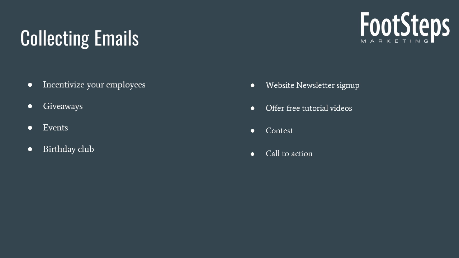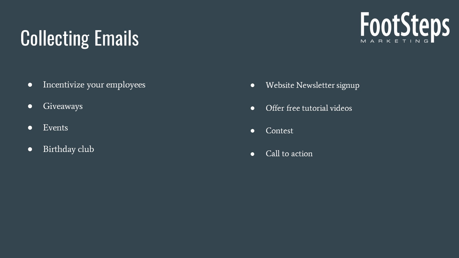In order to be able to send email campaigns and have an audience, one of the main things that you need to do is collect emails, of course. This can be difficult, but it can also be extremely easy depending on the tactics that you choose to use. Some of the easy ones would be to incentivize your employees.